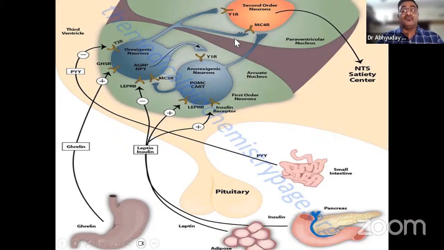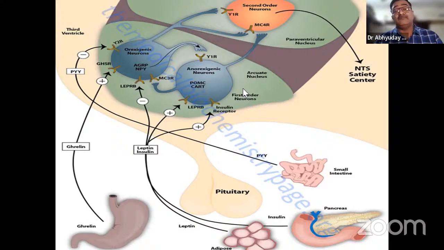And what they have, in fact, is an effect on AGRP and NPY, which are orexigenic neurons. And then we have anorexigenic neurons like POMC and CART, which are basically taken care of by the insulin receptors and leptin. So ultimately, these are the first order neurons.